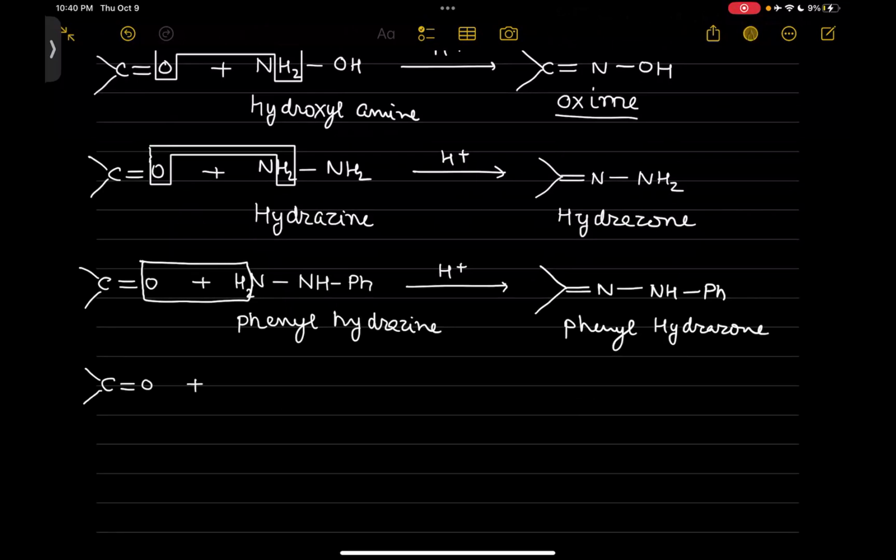I've added a few more things, so you can name the reactant as well as the corresponding product. And this is the star of this whole series of reaction, which is the most common among all these above reactions. Got it?